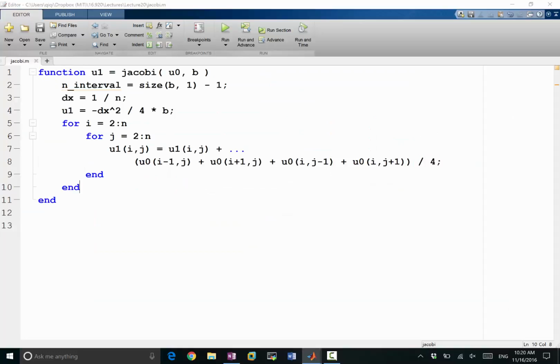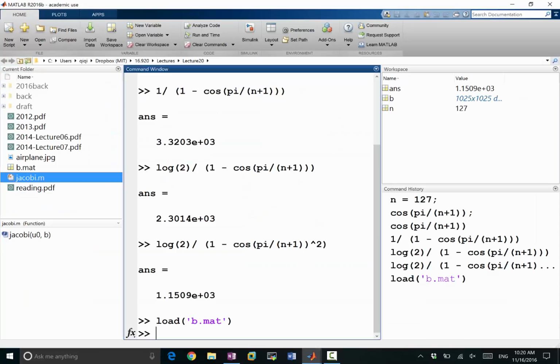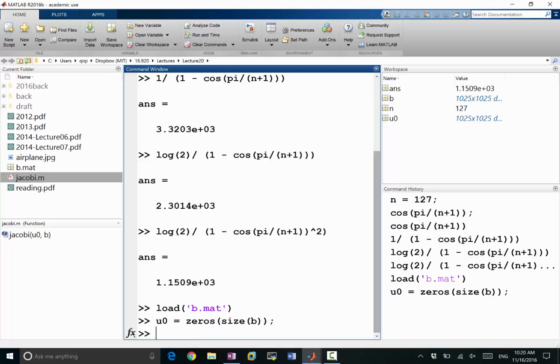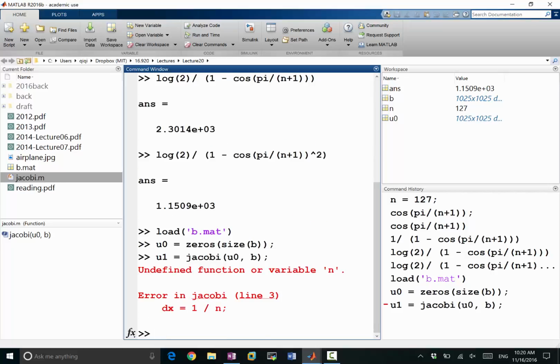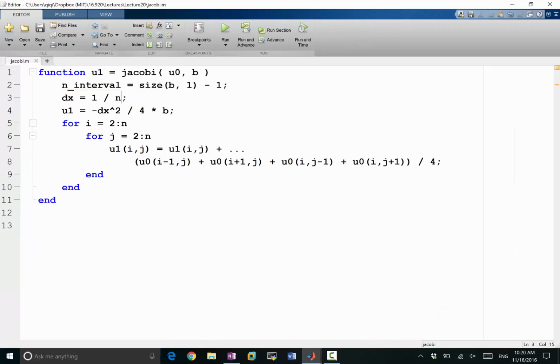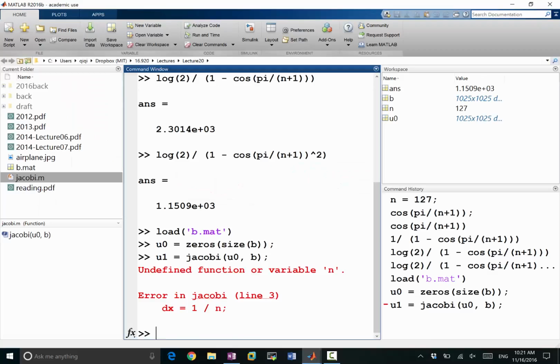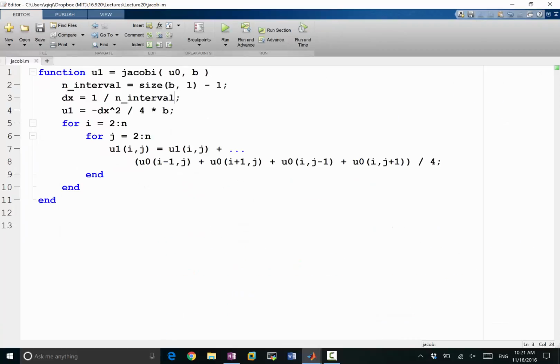For example, let's make a u0 to be zeros, size of b. And we can do u1 equal to Jacobi of u0 and b.